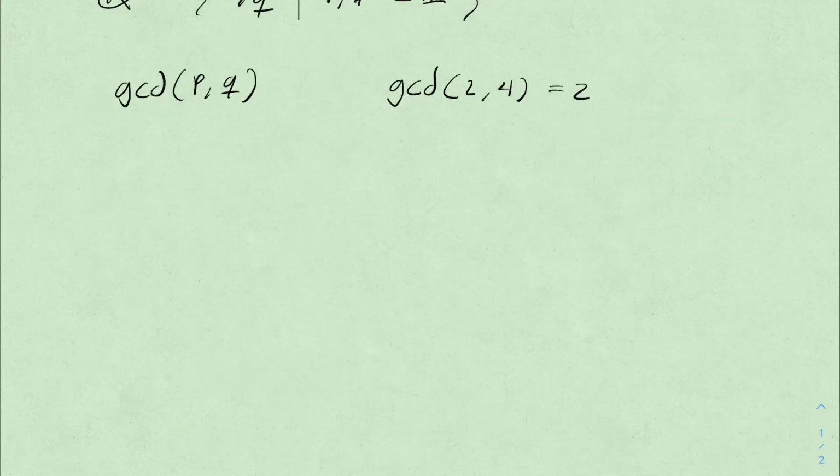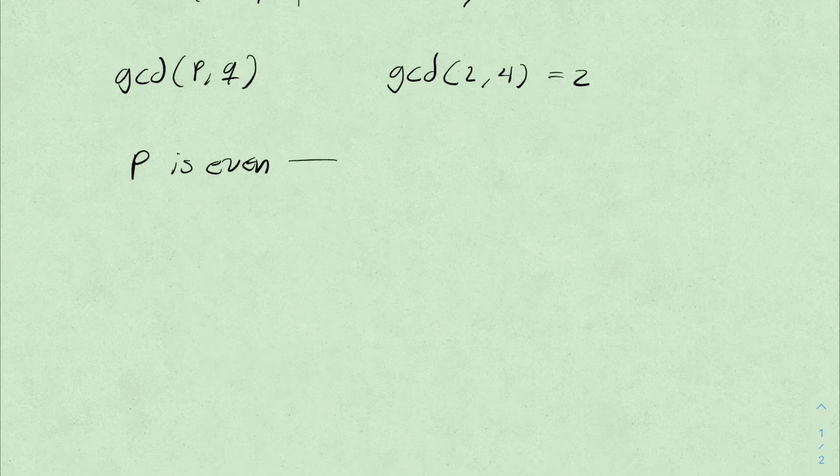Okay, and another essential element to this proof is this theorem that says that if you have an integer, the parity of that integer is preserved when you square it. So what this means is that if you have an integer p and it's even, this implies that p squared is even.